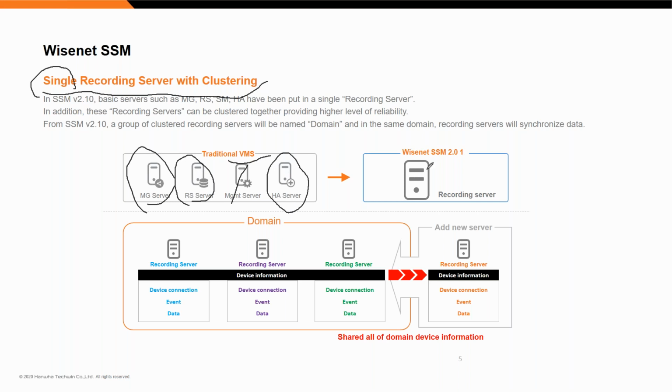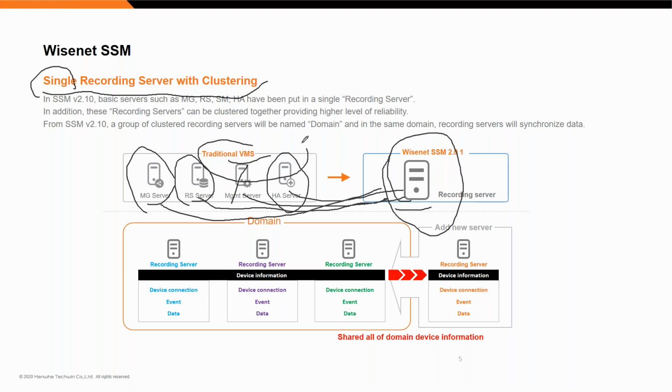But today, one server includes the database, recording management, whatever management is required, and failover also. It is all in one server. So it is beneficial, you don't have to spend more. Before, VMS used to be expensive, like an enterprise product. Now it's much more affordable, even for smaller projects.